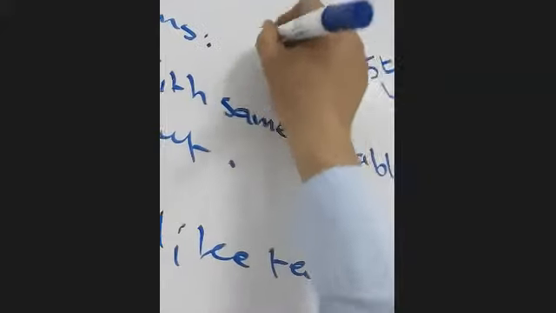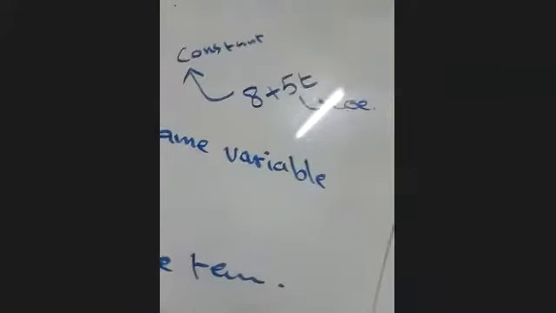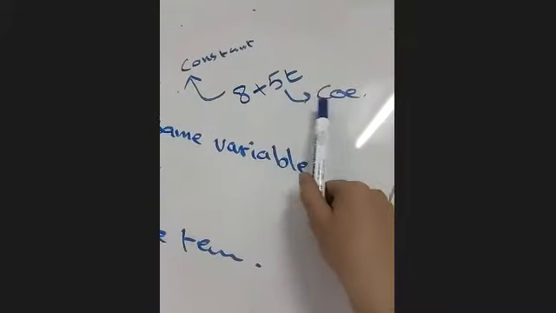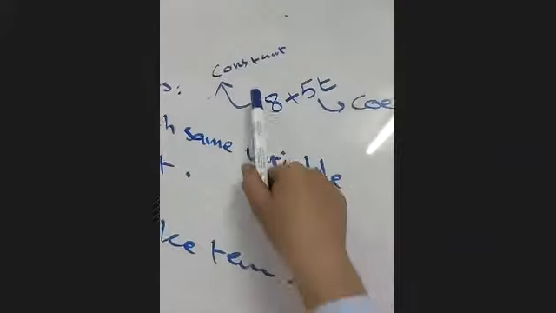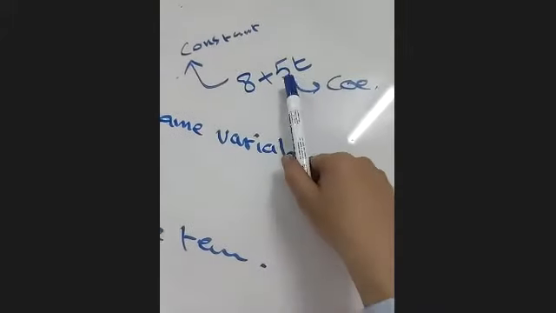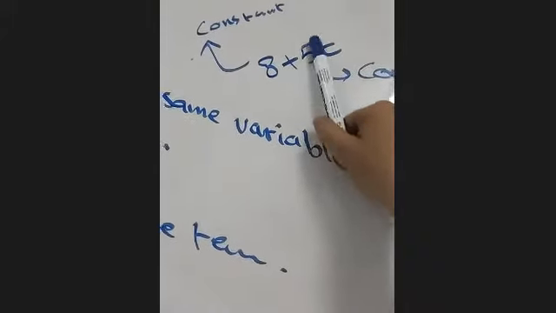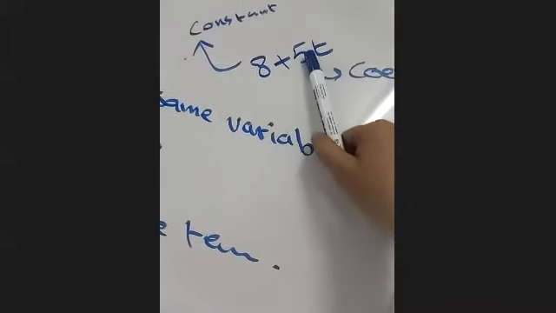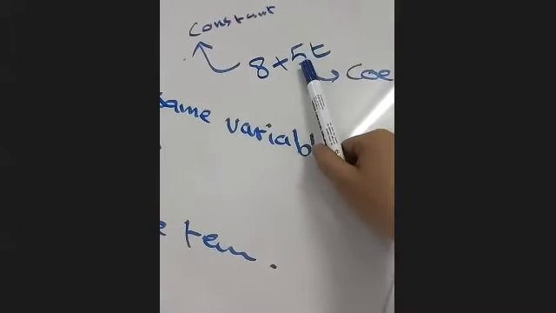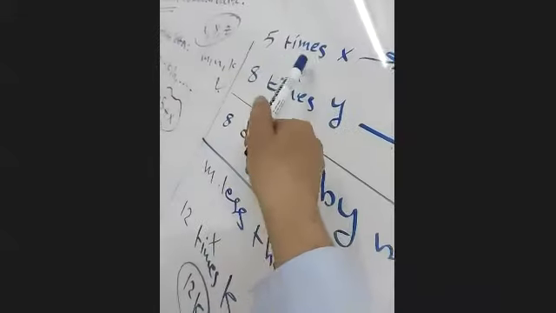The 8, we call it constant. This is important. The 5 is coefficient, the 8 constant. Why? Because the 5 is multiplied with t. There's no multiplication sign, but nothing between the number and the variable means times, multiply.